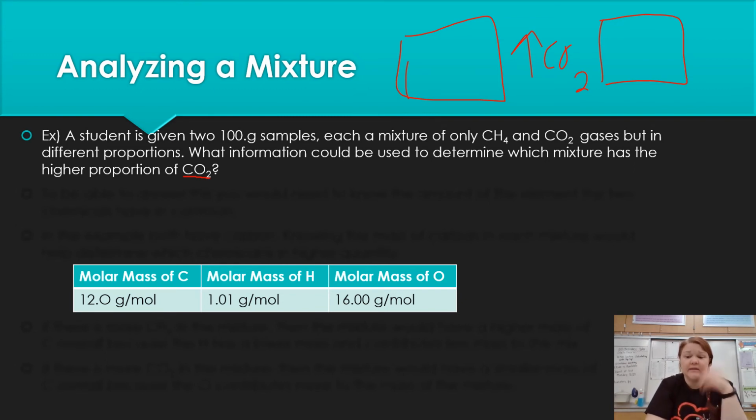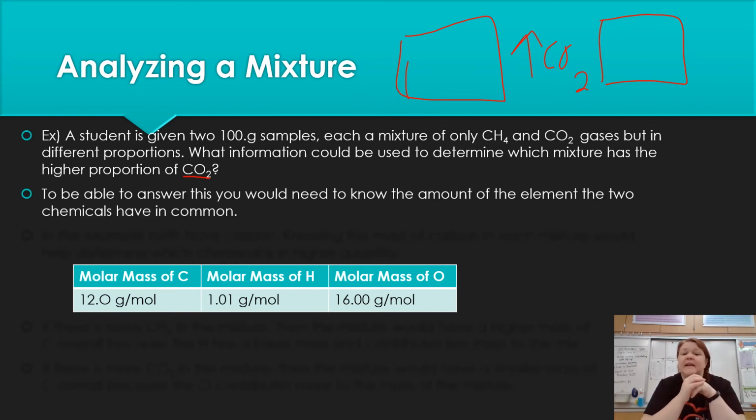The biggest one that's going to help us is that we would want to know the amount of the element that the two chemicals have in common. If we know how much carbon is in each, the percent or the mass, grams, of carbon in each of those containers, we will know which one has a higher proportion of CO2.